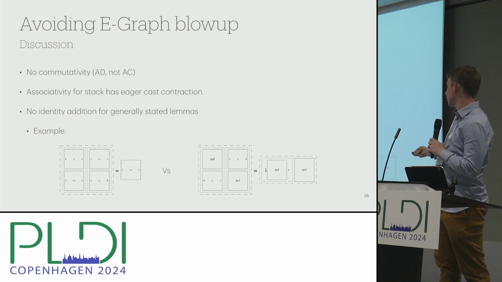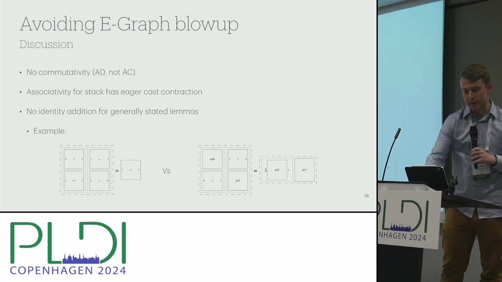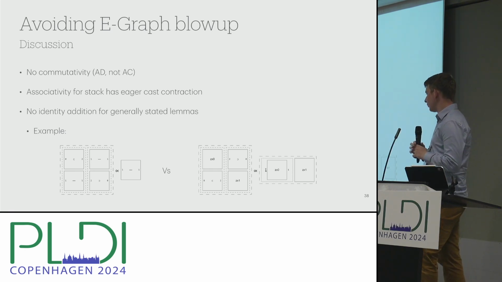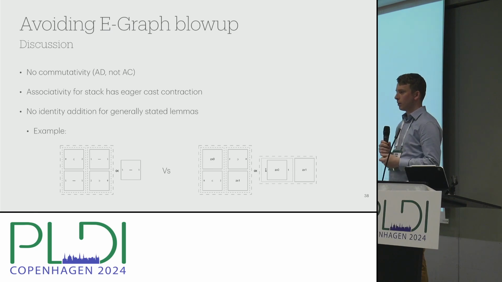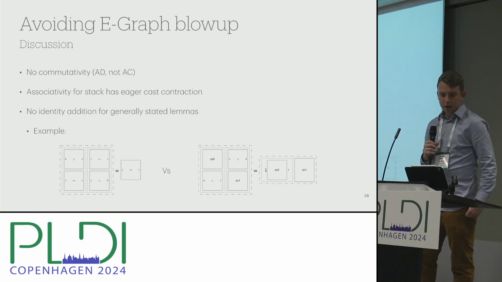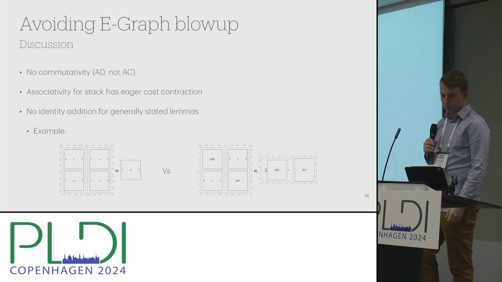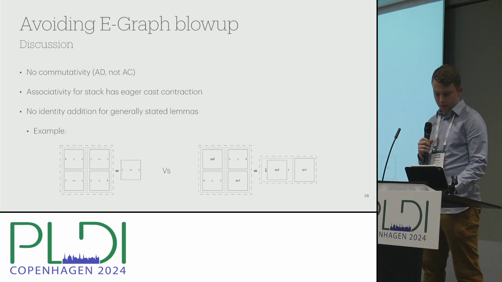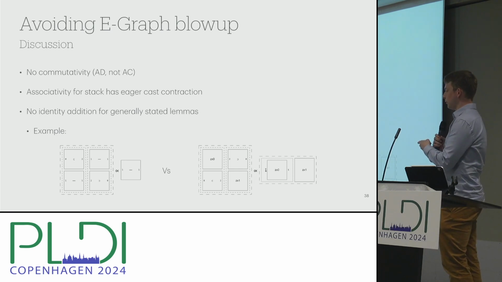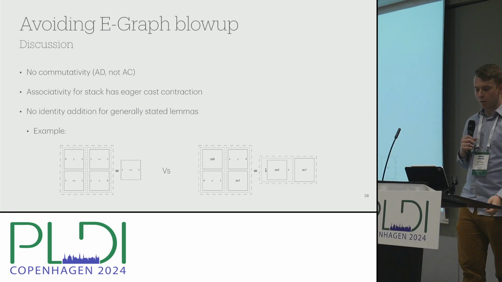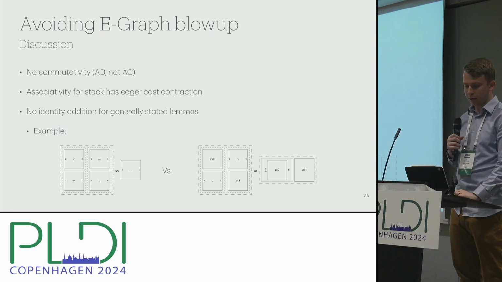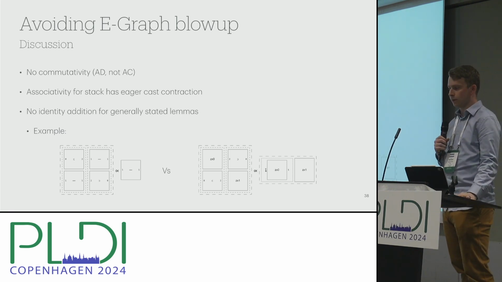But if this has a single output, like an identity, then we're able to completely avoid the problem of carrying identities around. We're able to just remove identities. In fact, we don't have a formal proof yet, but we have a strong conjecture that if we normalize rules to this form, that we shouldn't ever run into a problem where we have to add identities, and in practice we haven't found one yet.